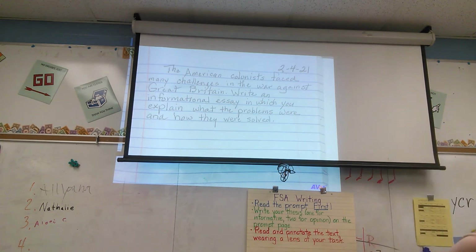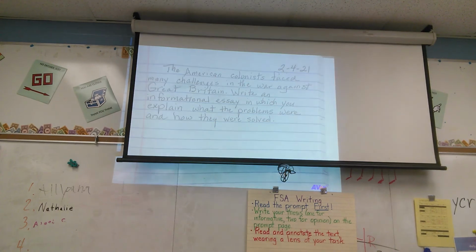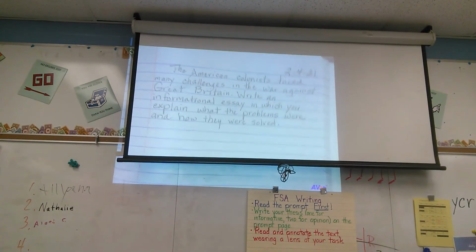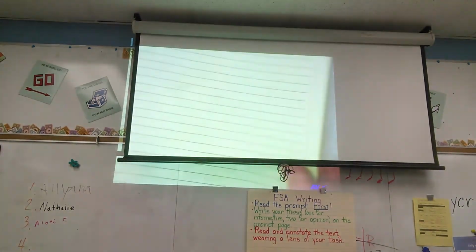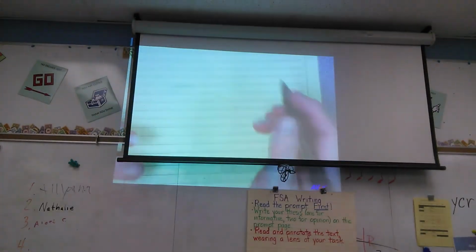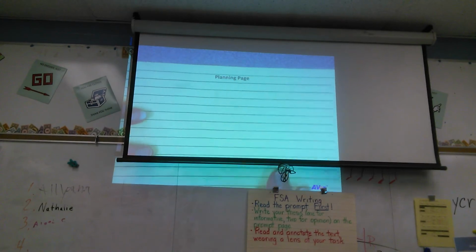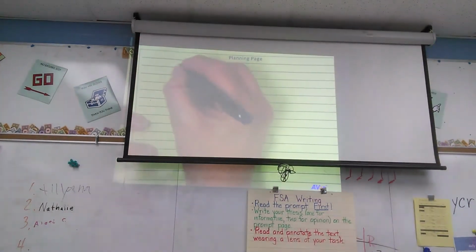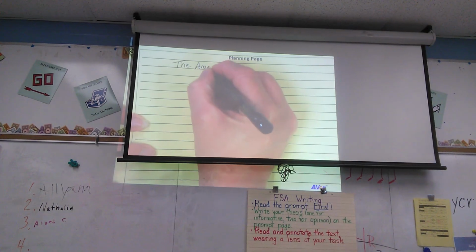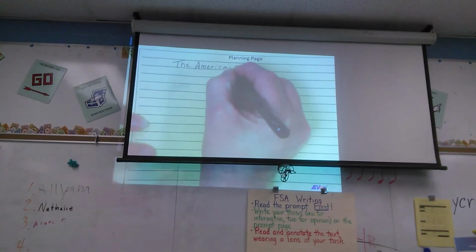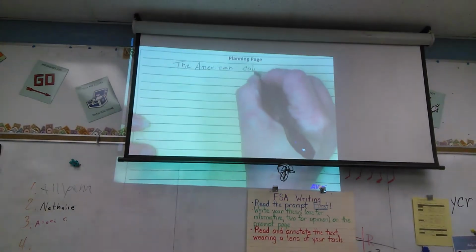All right, so let's get to our planning sheet. Who has a good thesis statement that they would like to share? Galila? Okay, the American colonists. And guys, you don't have to have this.